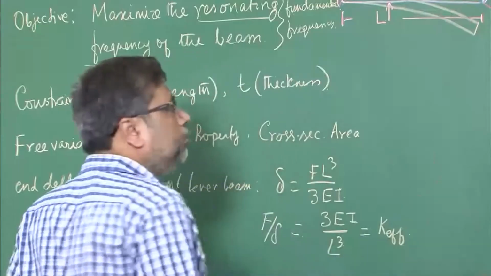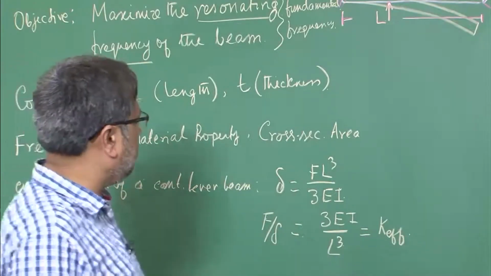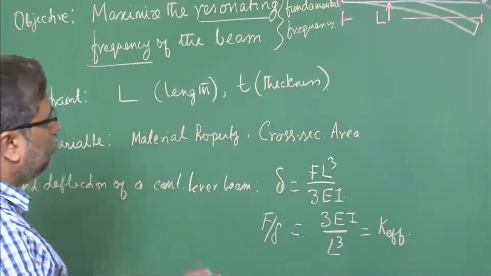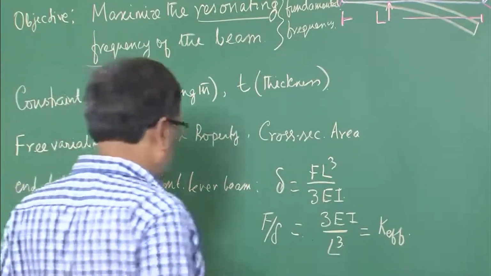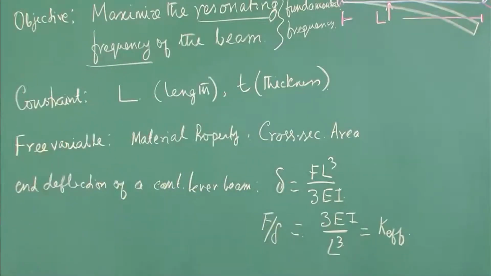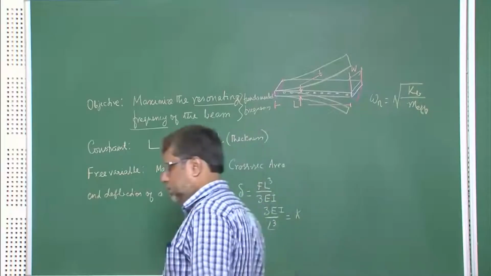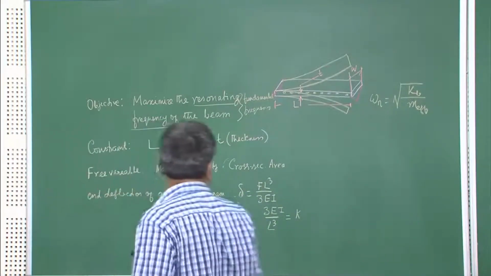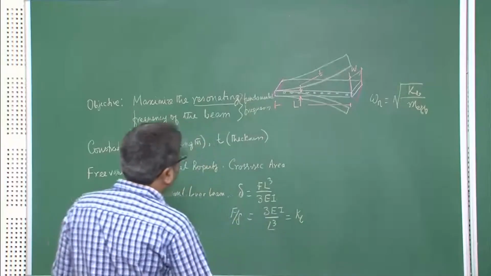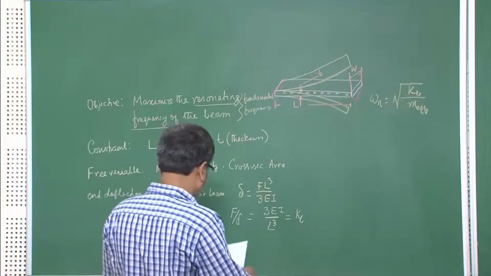Okay, it is very close to the static deflection of the system corresponding to that stiffness. We can consider it to be a good KB for us. So, we can consider this to be an effective stiffness of the system. Let us call it the bending stiffness of the system, KB. Now we also have to know what is the M effective for the system.